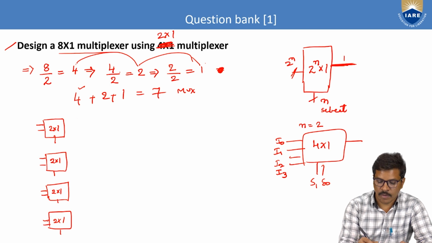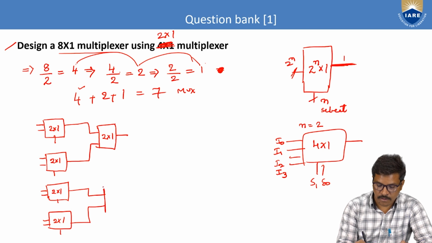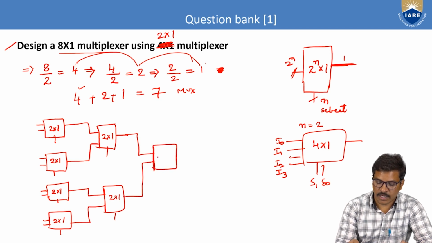We have these 2 by 1 multiplexers available, and they are connected with other 2 by 1 multiplexers through the select lines. These two are connected with a single 2 by 1 multiplexer, and you will get the final output.